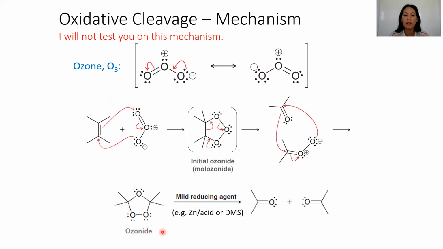The other thing is at the very end, you'll use your DMS or possibly zinc and acid or potassium permanganate and acid. And then finally, just cleave and you'll generate your carbonyl from this side and your carbonyl from this side here.